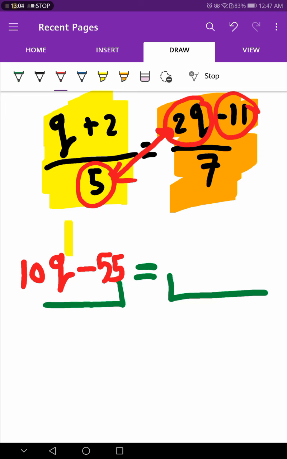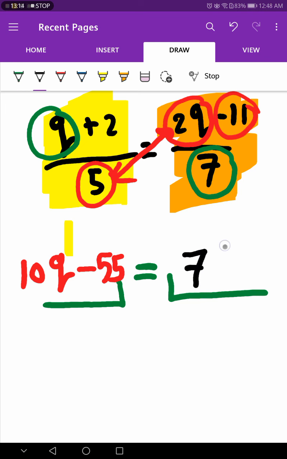Now the right side. 7 multiply Q equal, yes, 7Q, and 7 multiply plus 2 equal 14, yes, plus 14.